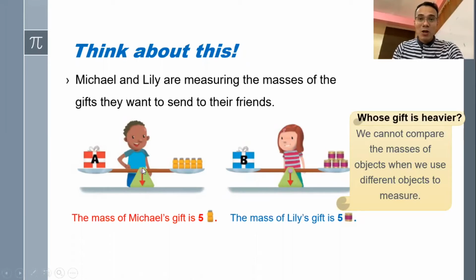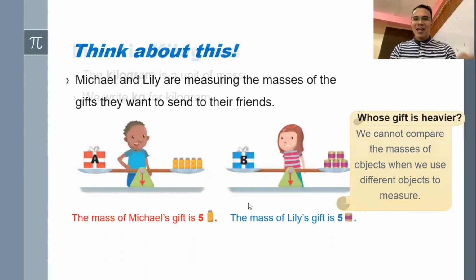In A, we used bottles to measure the mass of the gift. In B, we used thread to measure the mass of the gift. And these two objects are different, and we are not sure if they have the same mass. So when comparing masses of objects, use the same objects.